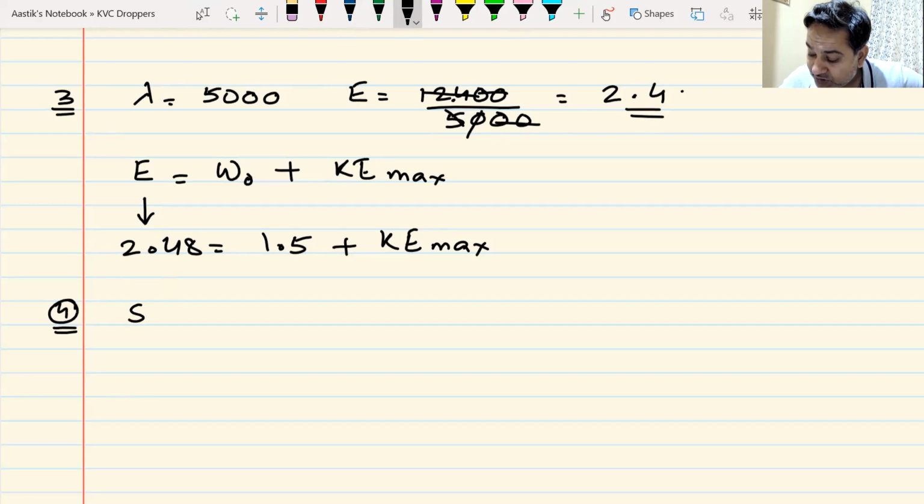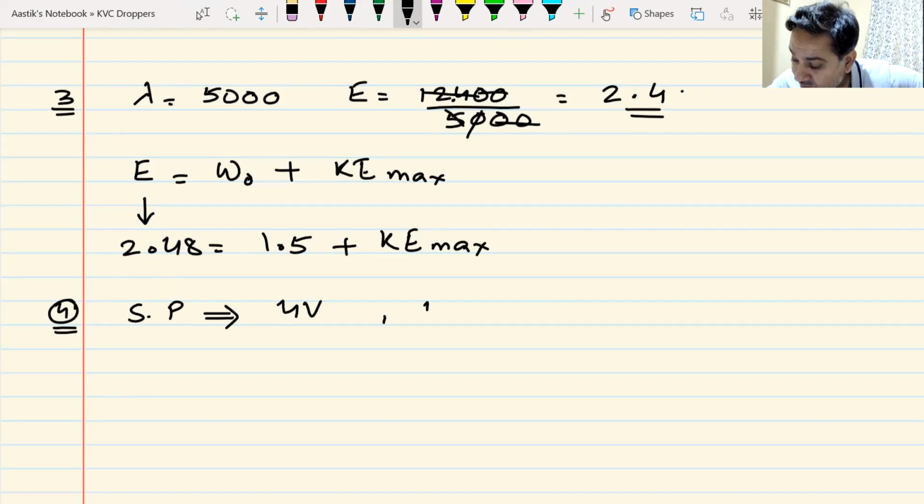The stopping potential of electrons which are emitted from a metal surface is 4 volt.